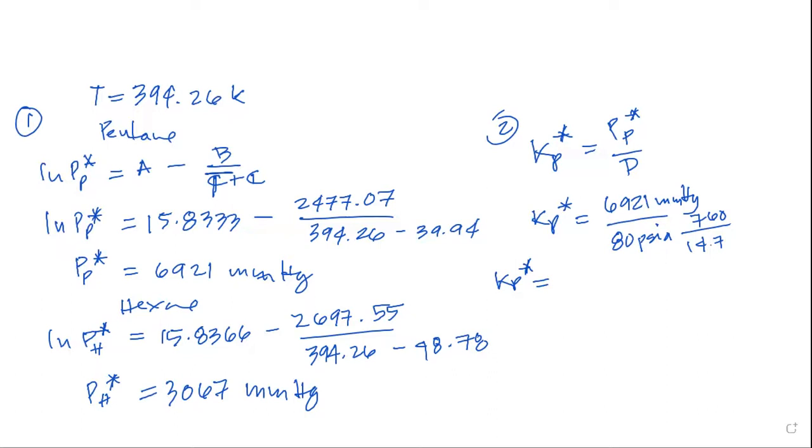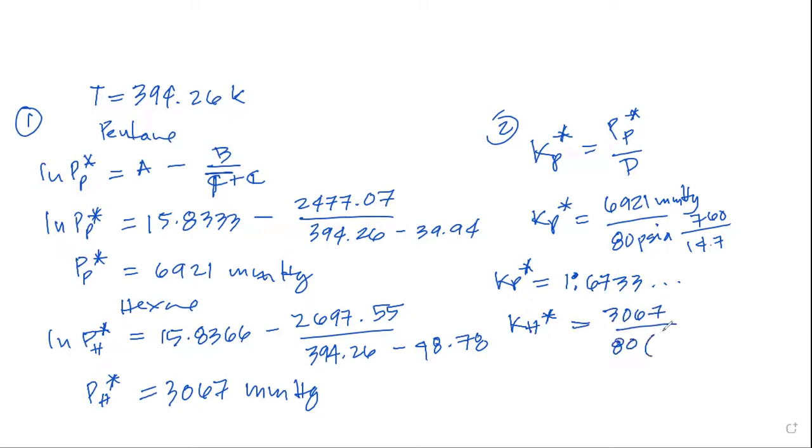So I'm getting something like 1.67333 for Kp star, no? Tapos yung KH naman, KH star. Ganun din, ito, yung 3,067. Alam niyo na yung unit, ano?